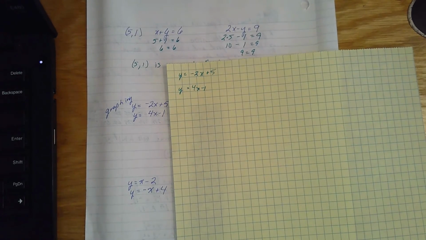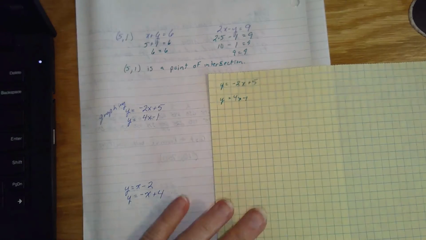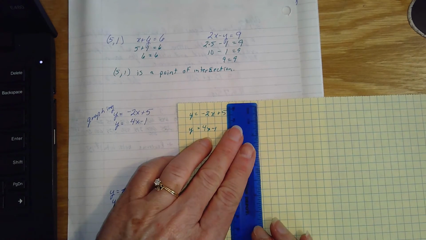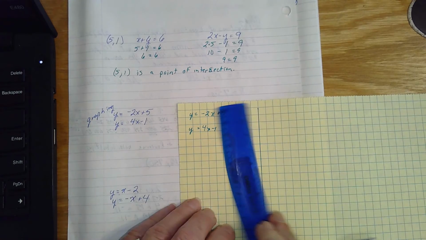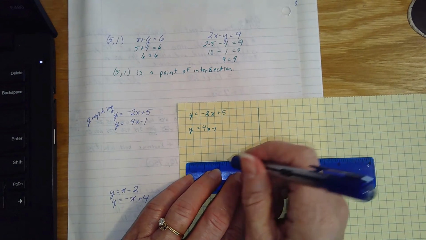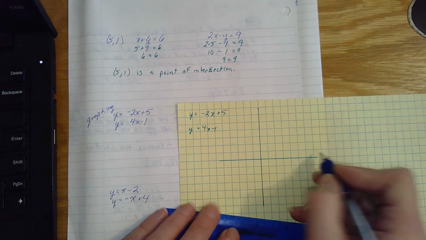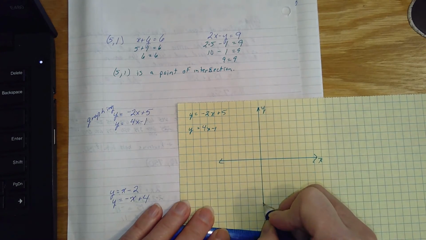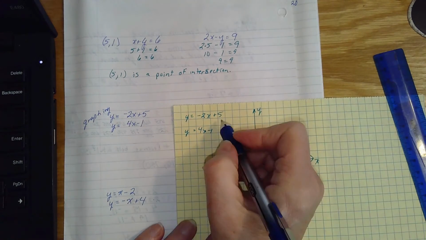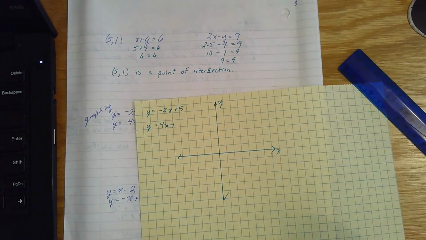I'm just going to sketch in a graph. I'm going to put in an xy coordinate. So here's my x. This is my y coordinate. And I'm going to graph these using point slope.